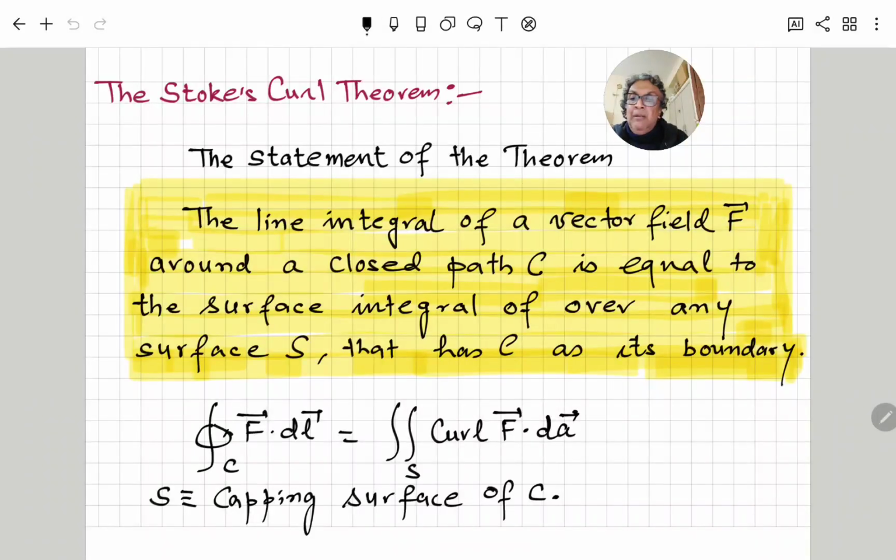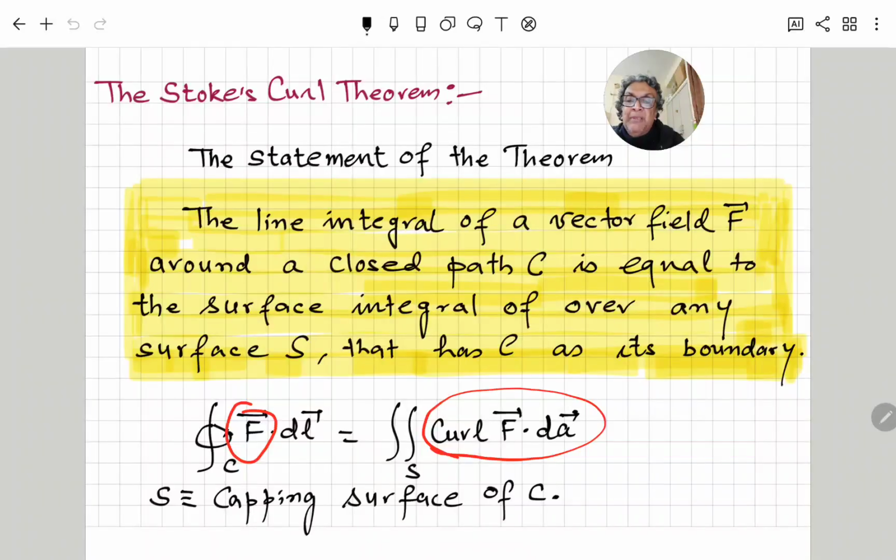So suppose you have a vector field F and C is the closed loop. You calculate the closed path line integral of this vector field F. This is, according to Stokes' theorem, equivalent to a surface integral of its curl over the surface S for which C is serving as a boundary.